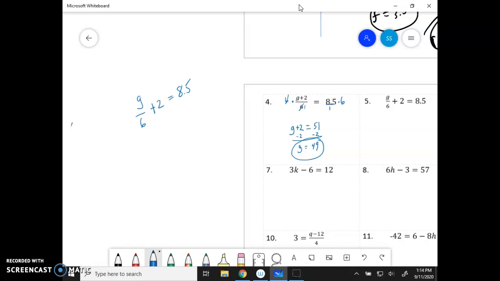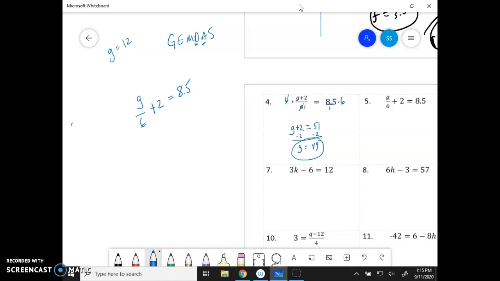We would divide, because that's what GEMDAS would tell us to do. If I had g equal to 12 or something, it's not for this problem, and I wanted to evaluate it, I would want to do the division before the addition, because the D comes before the A in GEMDAS. So that's how we know we have to do that first.